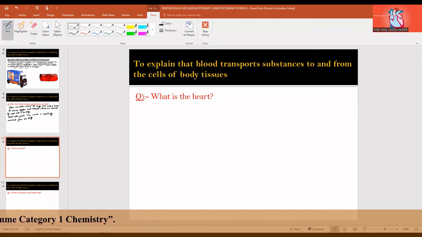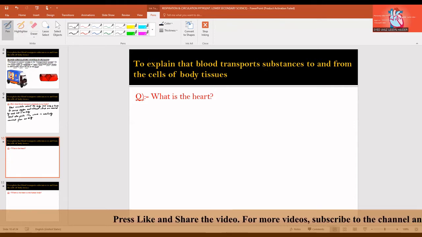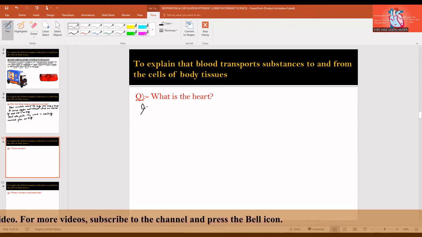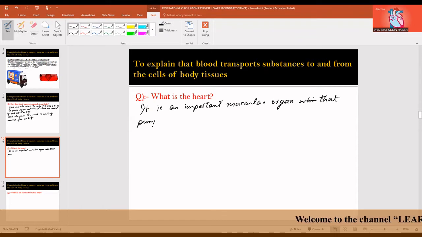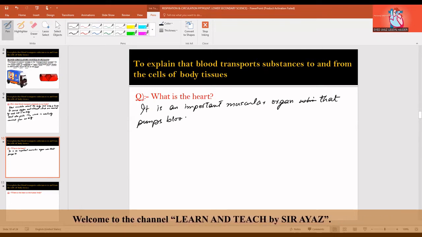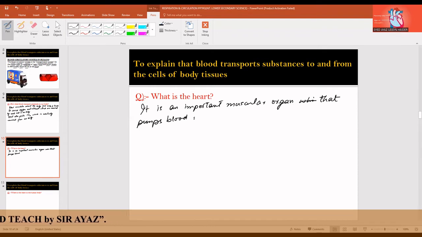What is the heart? Our heart is an important muscular organ in our body. It pumps blood into all parts of our body.